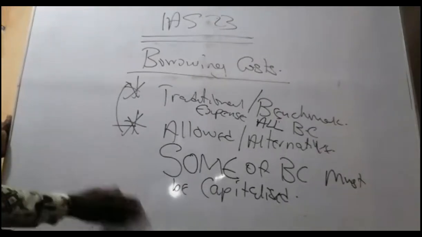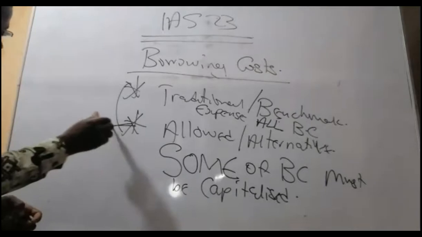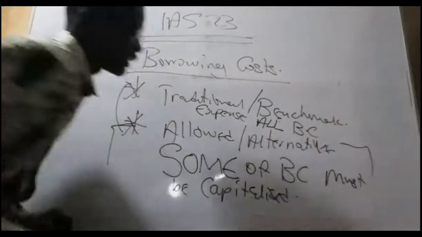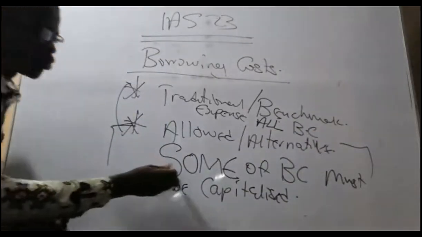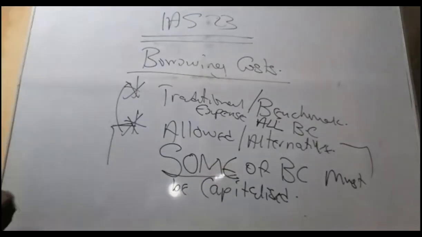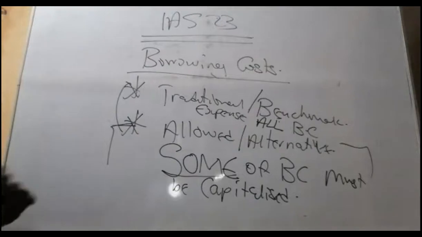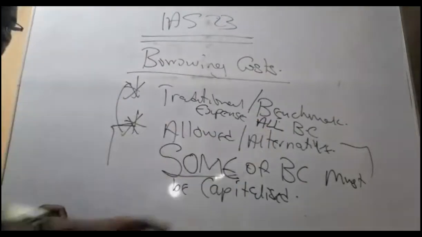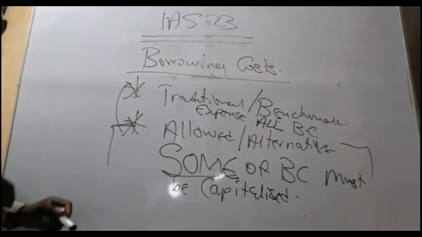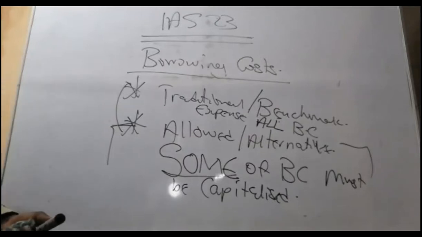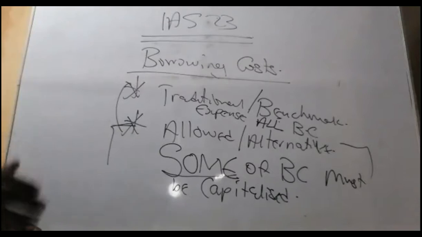Now, IAS 23, in fact, actually starting from here, is saying that some of the borrowing costs eligible for capitalization must be capitalized. Here it's not saying all borrowing costs must be capitalized. Those are what? Eligible. Those eligible for capitalization, they must capitalize it.